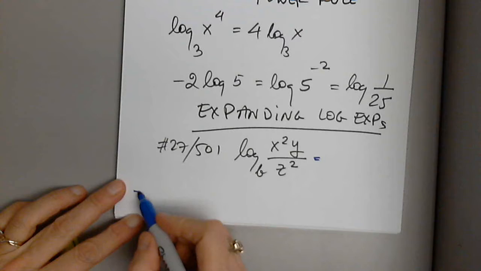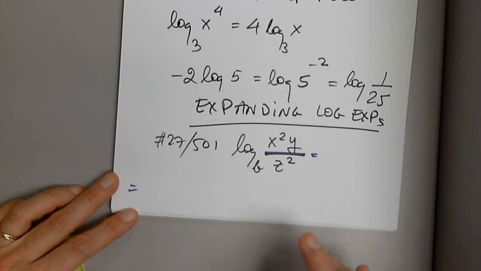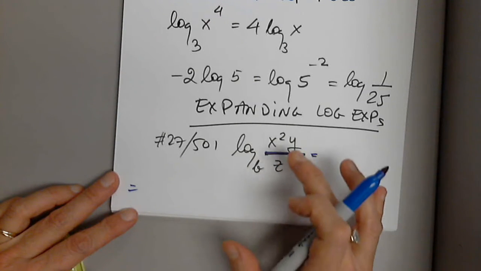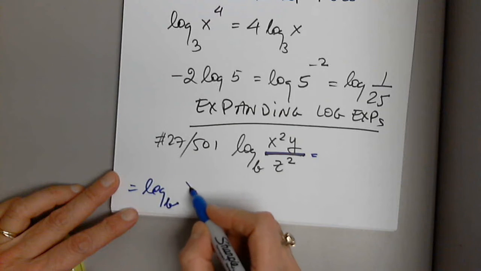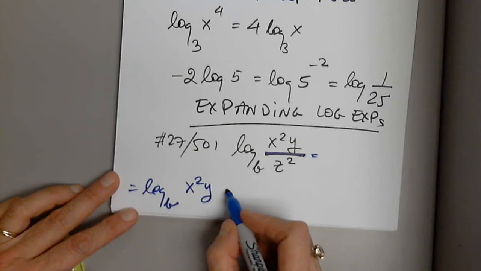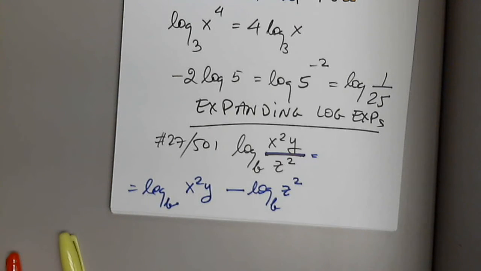I will be starting with the quotient first. That's the starting point, in which I say log of a over b is log base b of x squared y minus log base b of z squared, because we know that when we apply log to a ratio, that is a difference of 2 logs. Agreed?